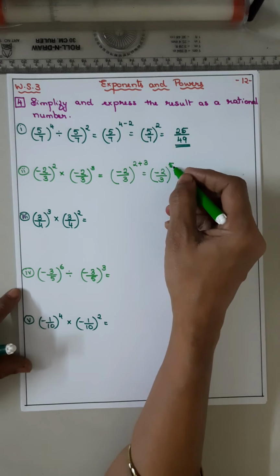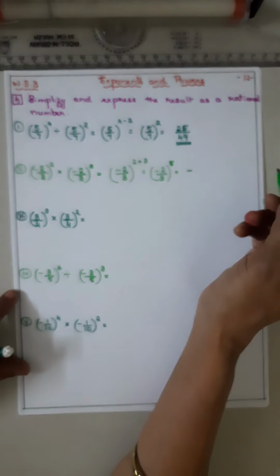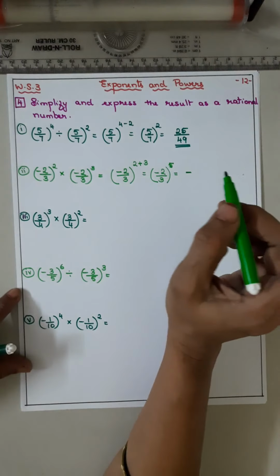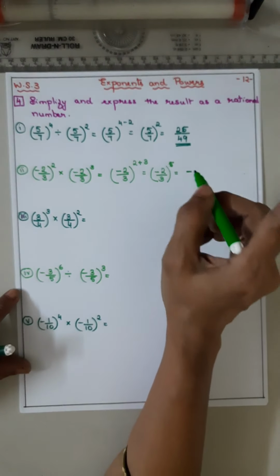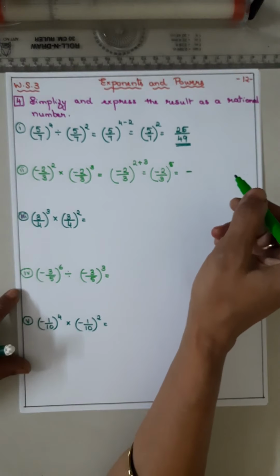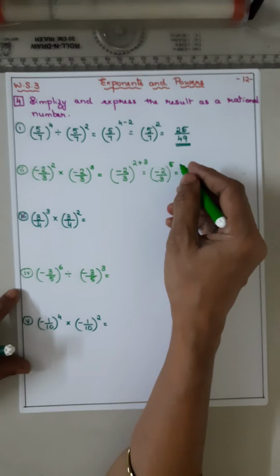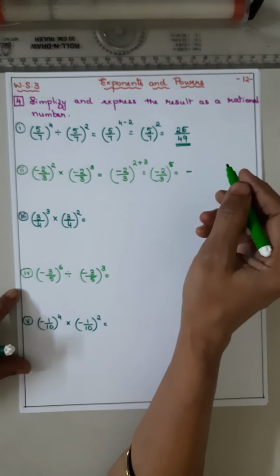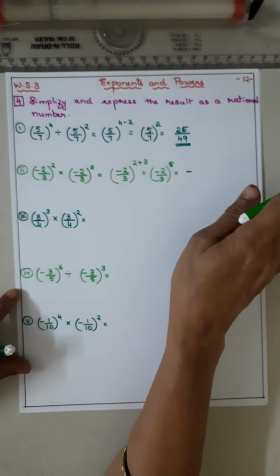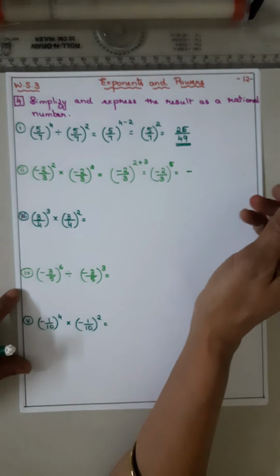If the power is an even number, then it will be positive. If the power is an even number, then the negative integer becomes positive. But if the power is an odd number, then the negative number remains negative only. Remember this rule.